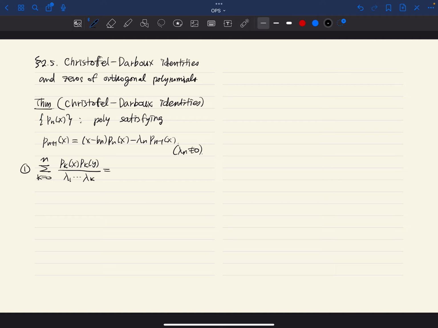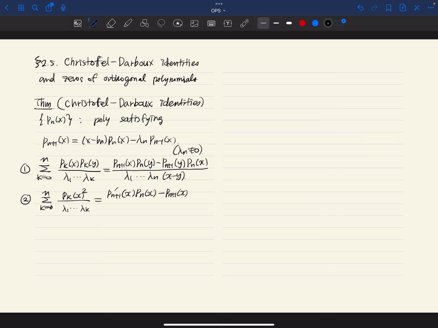And second, the sum over k from 0 to n of P_k(x) squared over the same denominator equals (P_{n+1}(x) P_n'(x) - P_n(x) P_{n+1}'(x)) over lambda_1 ... lambda_n, where prime is the derivative. So we have these two identities.